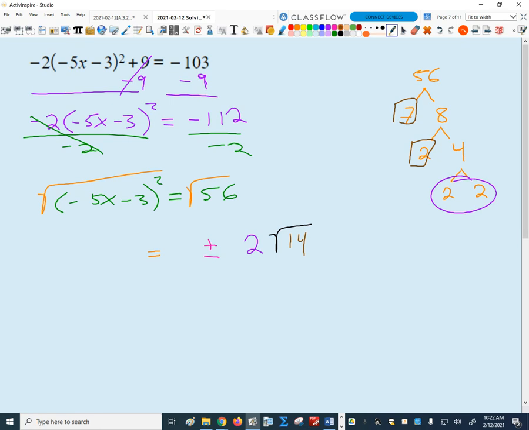Give me a thumbs up. Everybody good with that? Okay, good. And we undid the squared with our square root, and so we get a negative 5x minus 3. Okay, let's see. Pagan, what's next?